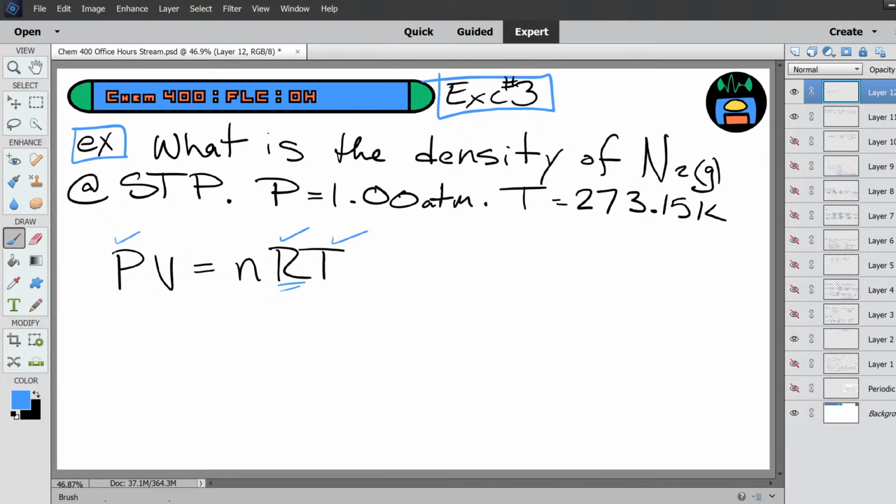Now, I'm going to do a fun algebraic trick with the ideal gas law. Check this out. I'm just going to rearrange it. I'm going to multiply both sides by 1 over R times T times V. Nothing changes except volume cancels from the left side and RT cancels from the right side.